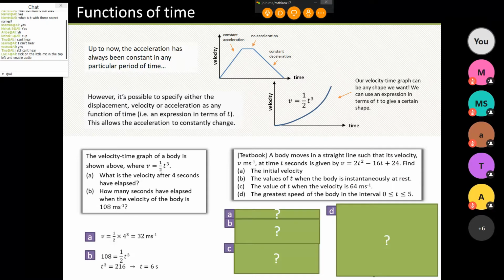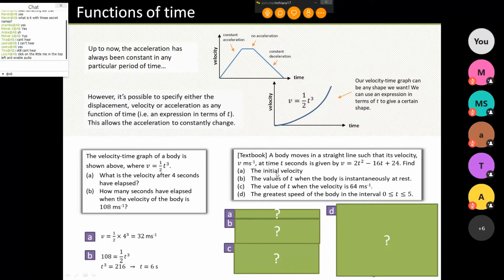So here it goes: a body moves in a straight line such that velocity v meters per second is given by some formula in terms of time. Find the initial velocity is what it's asking for. So for part A, how am I going to find the initial velocity?